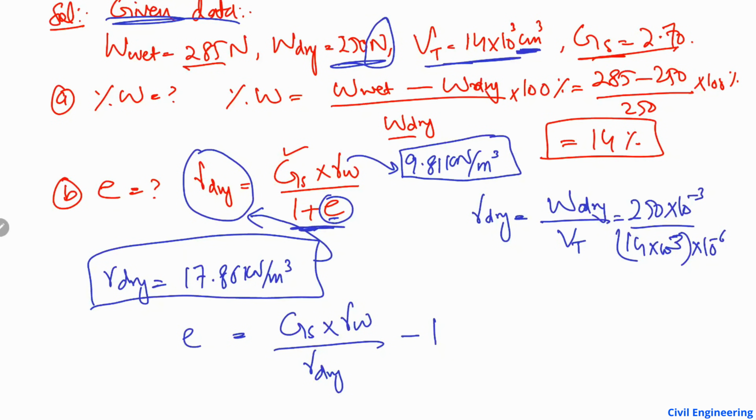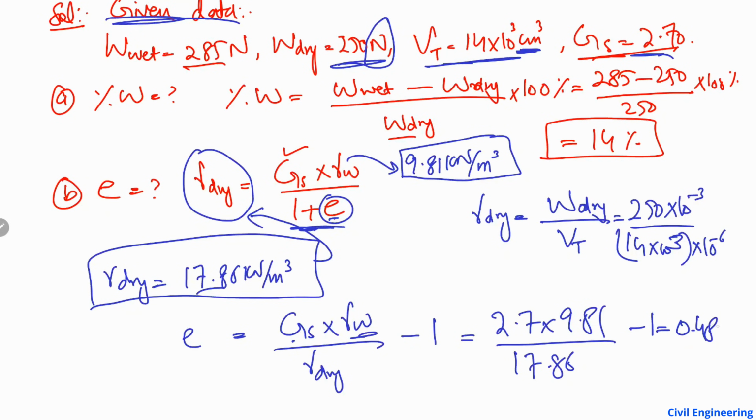Now when I put in the values, Gs was 2.7, multiplied by 9.81, the unit weight of water, divided by gamma dry, which was 17.86, minus 1, we get the void ratio of 0.483. This is the void ratio for this soil sample.